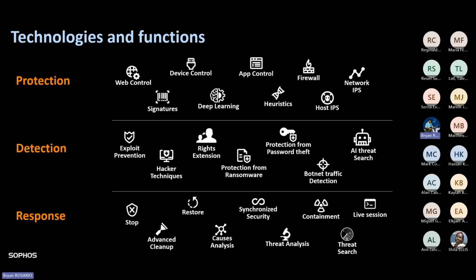Now, what you have available is the following. So you have web control. These are basically the security features. So you have web control, device control, signature analyzing, deep learning for real-time unknown threats. You have application controls. Basically, this is a blacklist with preset applications.